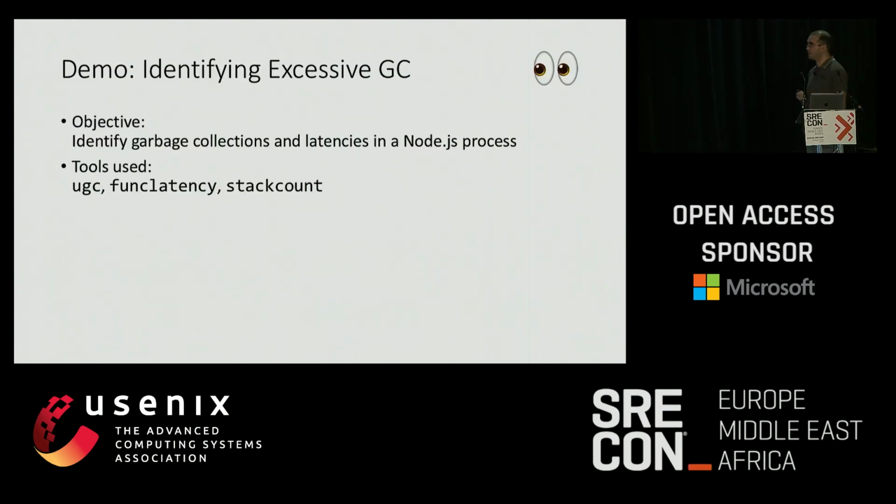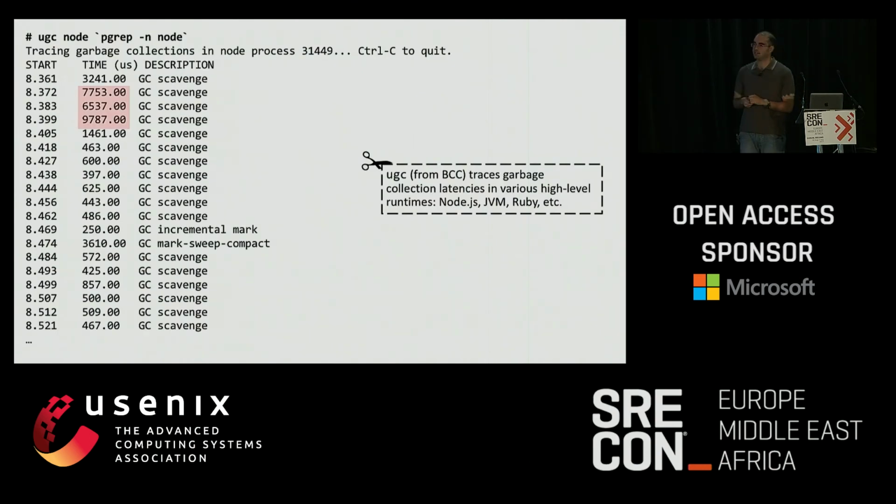Another example, based on the same kind of instrumentation, is using the UGC tool that we have in BCC, which attaches to a Node process and prints out garbage collections, including their duration. So you can know if your Node process has excessive garbage collection and where that garbage collection is coming from.